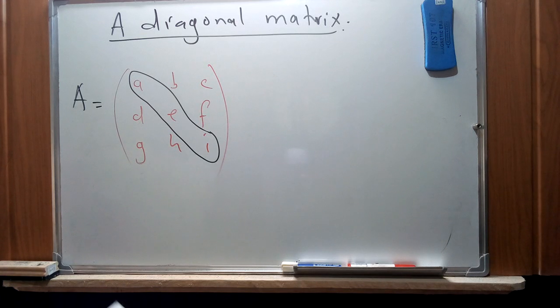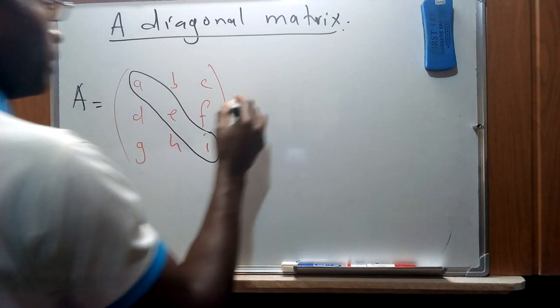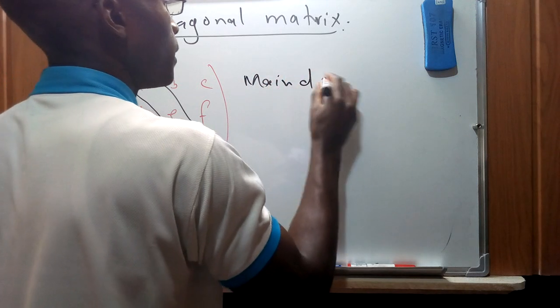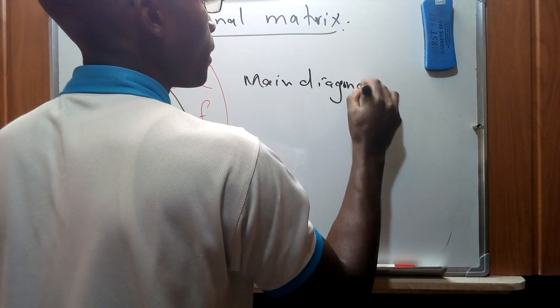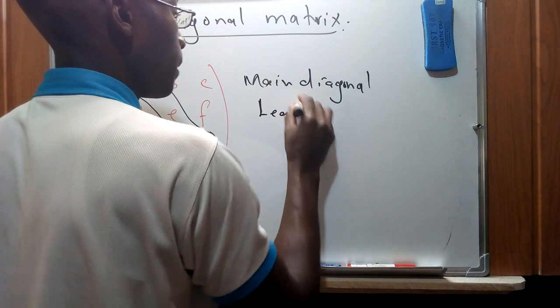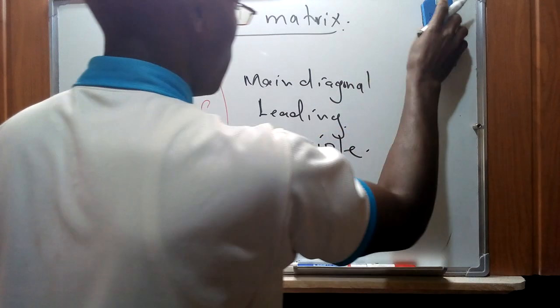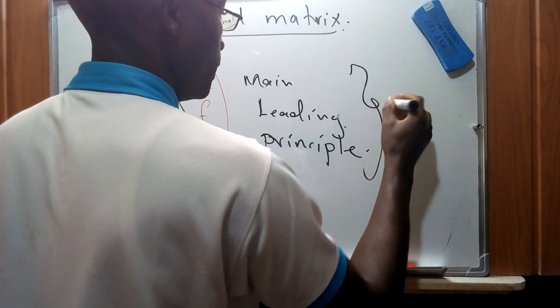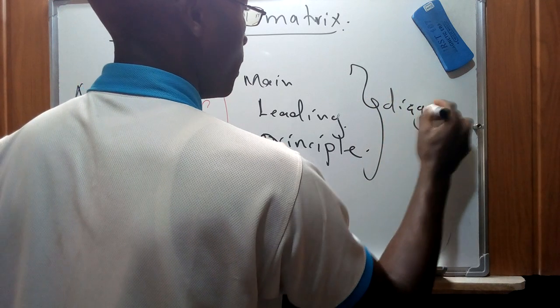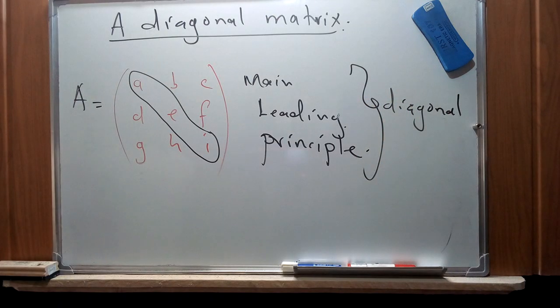Now this diagonal has a special name: it is referred to as the main diagonal, the leading diagonal, or the principal diagonal. So whenever I mention the term main, leading, or principal diagonal, it refers to the elements of the diagonal that runs from the top left to the bottom right.